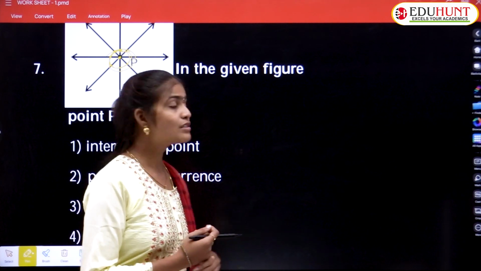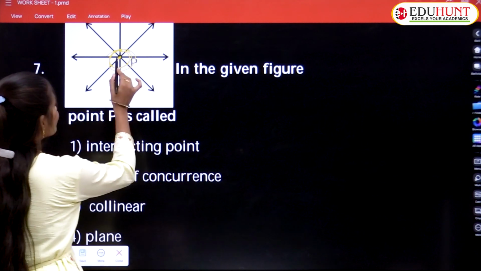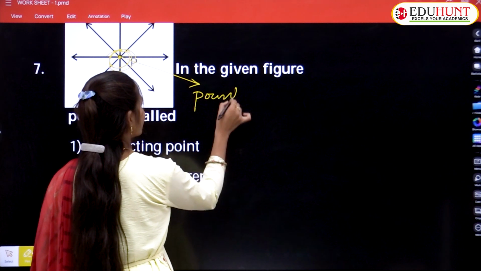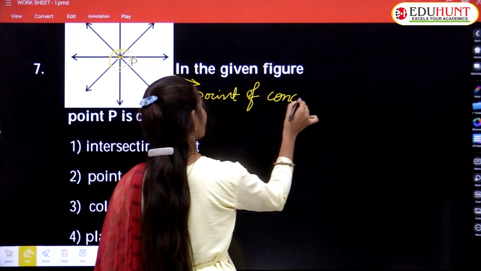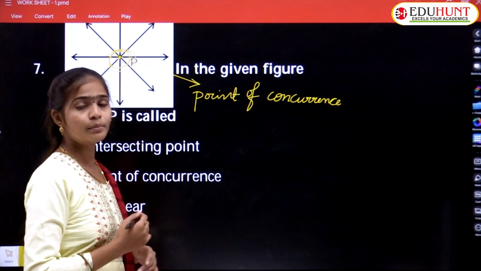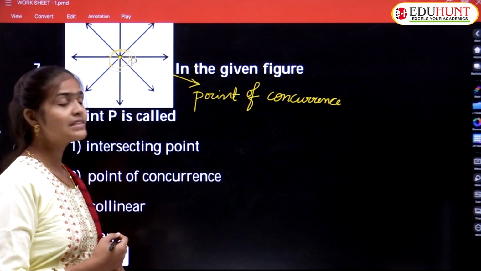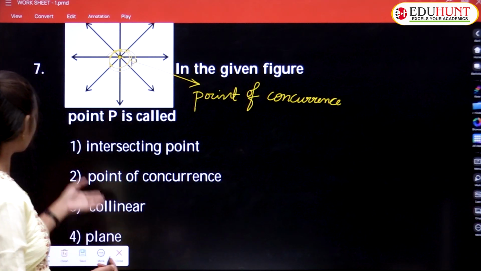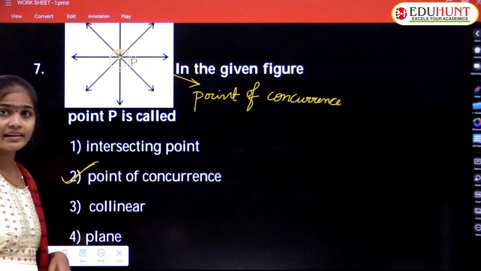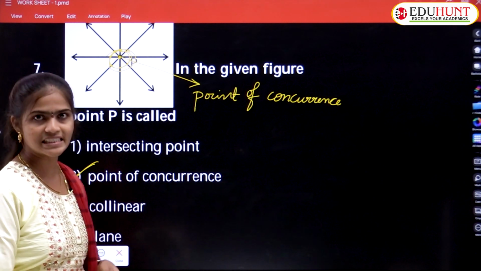Concurrent lines. So here that point is known as a point of concurrence. Another name is also there. What is that? That is a concurrent point. So just observe here, that is a point of concurrence, or another one is a concurrent point.